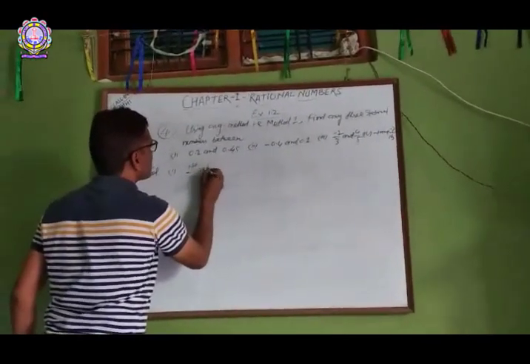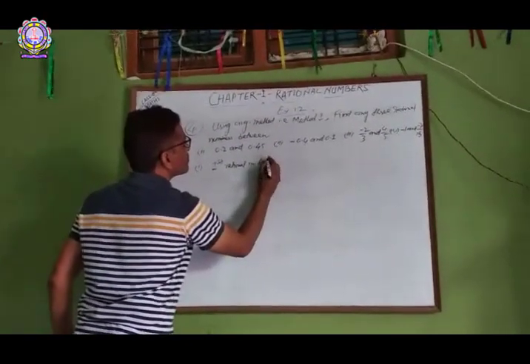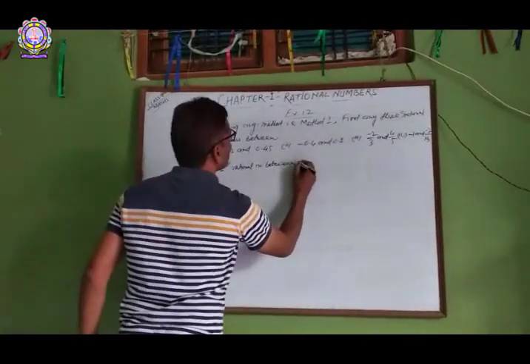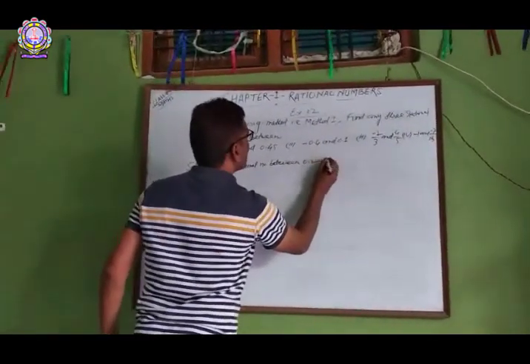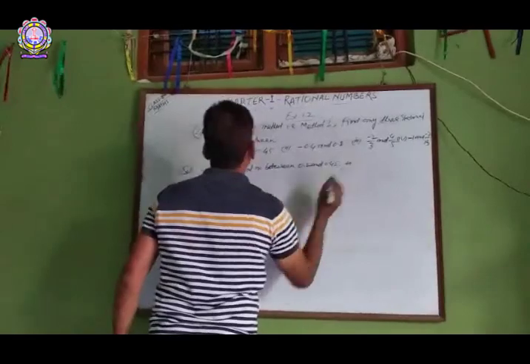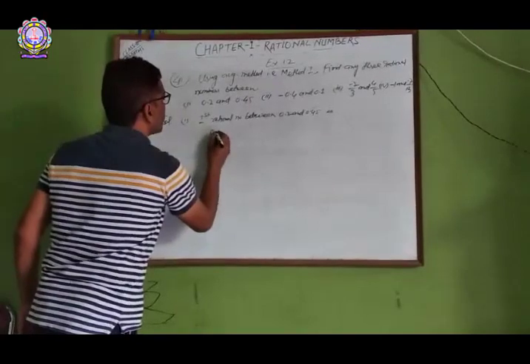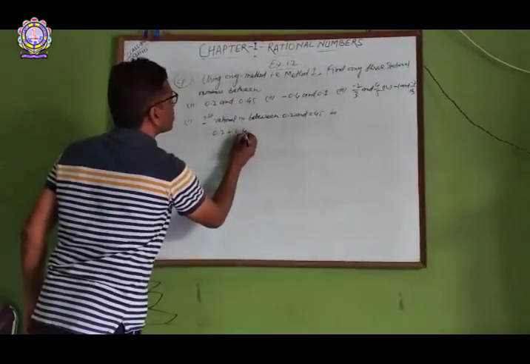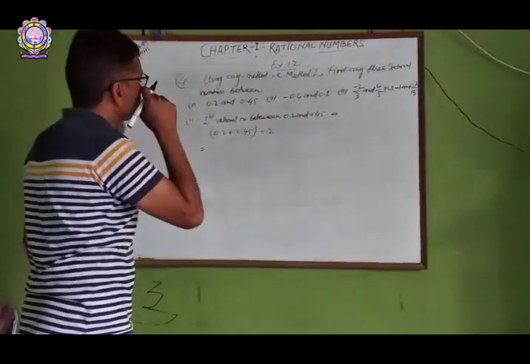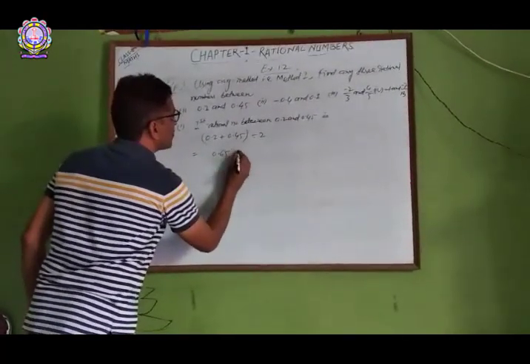First rational number between 0.2 and 0.45: using the average method we can find it. 0.2 plus 0.45 divided by 2 is equal to 0.65 divided by 2.